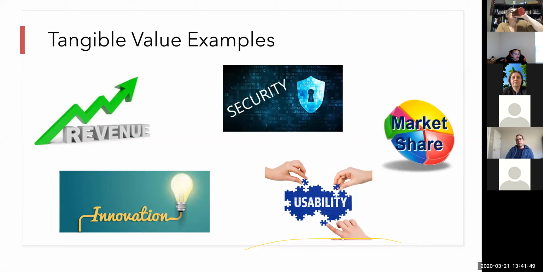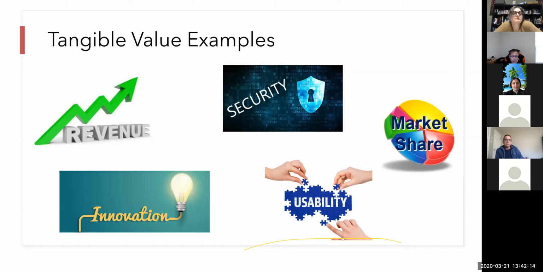Usability. If your product isn't very usable, that means maybe a lot of users aren't using it. Especially if your product is priced based on the number of users you have, you want to make it usable so that more users come onto your product and use it.